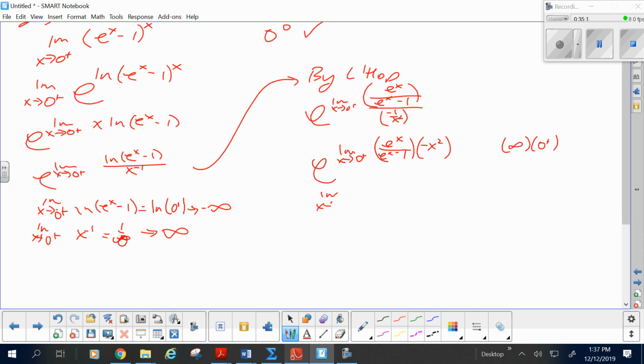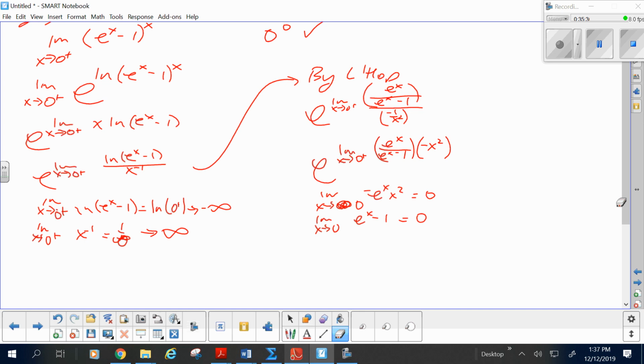The limit as x goes to 0 of e to the x times negative x squared is, geez, 0. Limit as x goes to 0 of e to the x minus 1 is 0. So by L'Hopital again. Jeez, what a mess. It's okay. As long as it gets tough, get going, right? So here we go. X goes to 0. Numerator derivative. First stays the same. Derivative of the second.